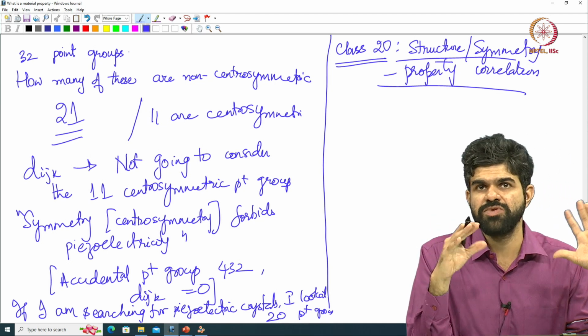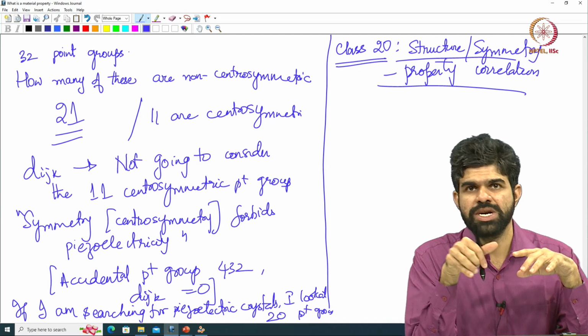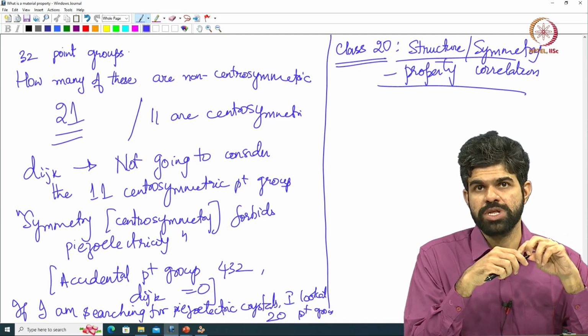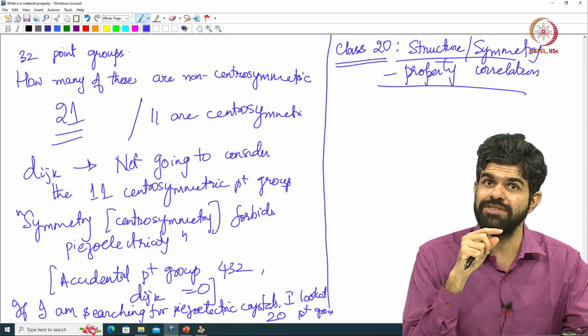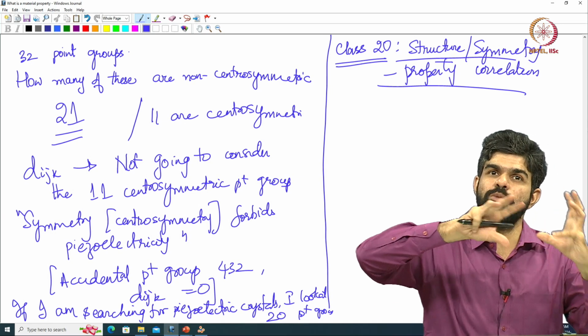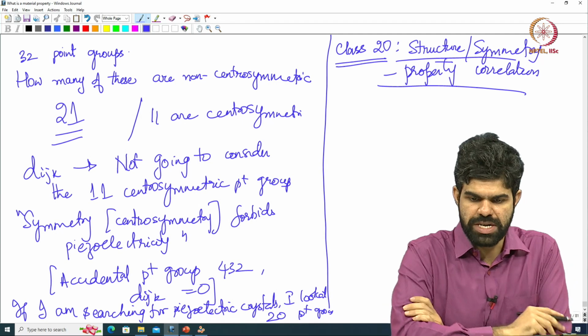So 432 is not good enough. All the piezoelectric tensors are going to be 0 even in 432. Not because it has inversion symmetry, it does not, but because these operations make the tensor 0. That also we will prove at some point.